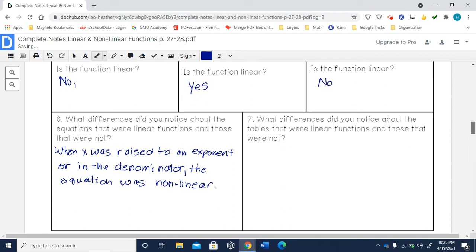Okay, but just like we said before, in the format where x doesn't have an exponent or has an exponent of 1, it was linear.